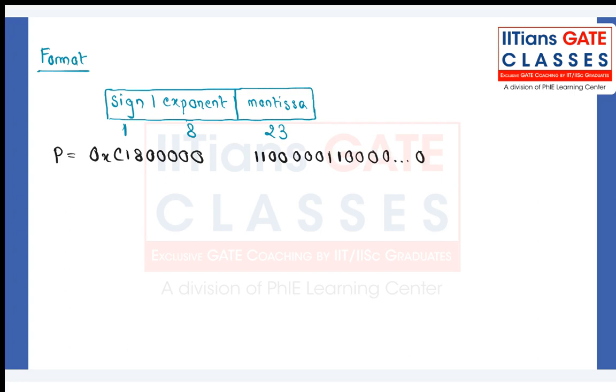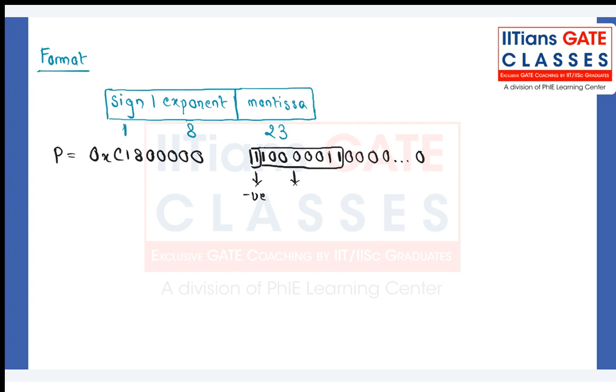So this is my sign, so it's a negative number. The next 8 bits, 1 2 3 4 5 6 7 8 till here, denote my biased exponent.